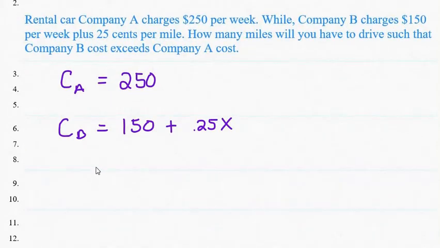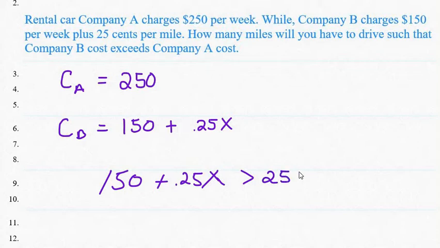So we're going to set this inequality up, and that is 150 plus 0.25x is greater than $250. Okay, because that's what we want to know. We want to plug in all values of x such that this will be greater than 250. You see, we don't want it to exceed 250.